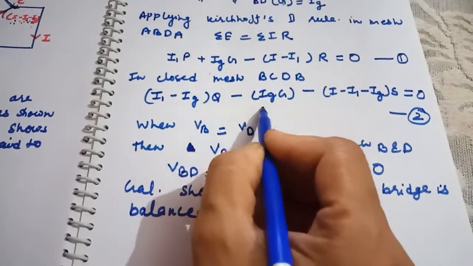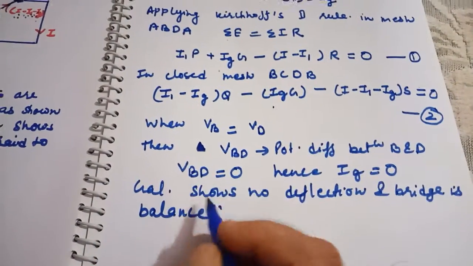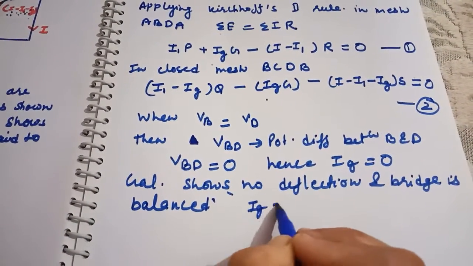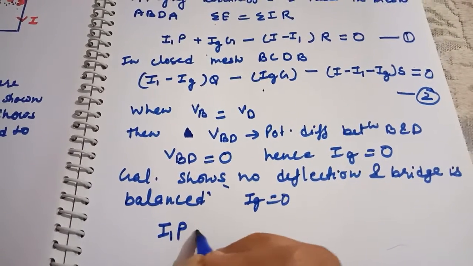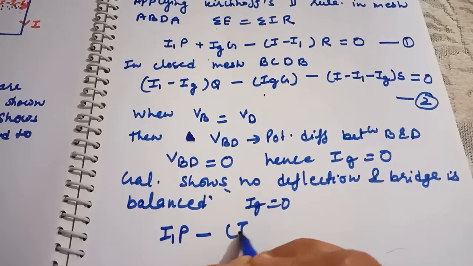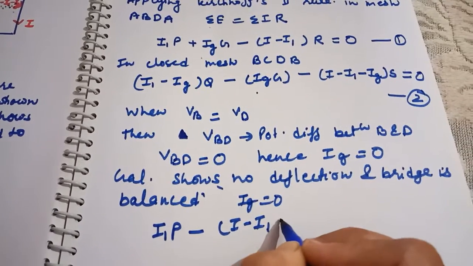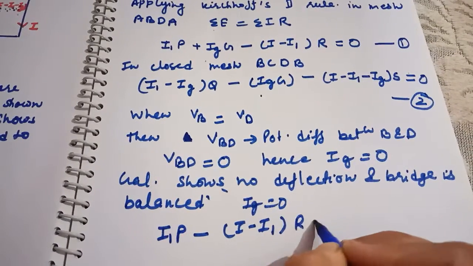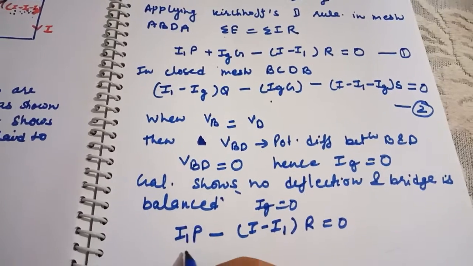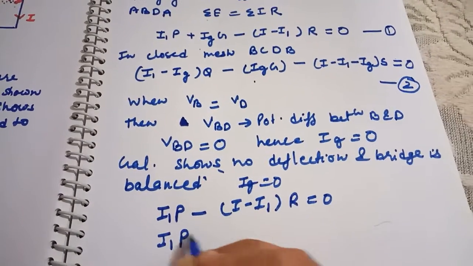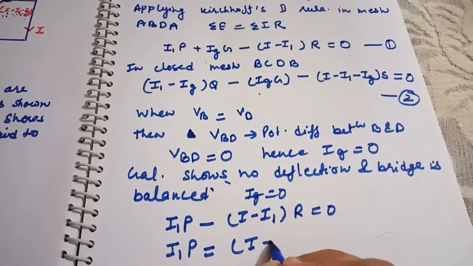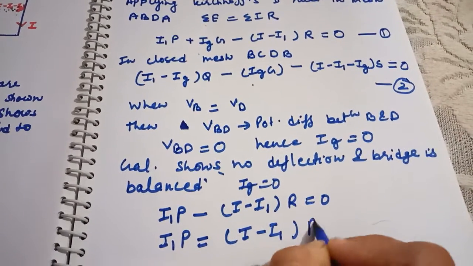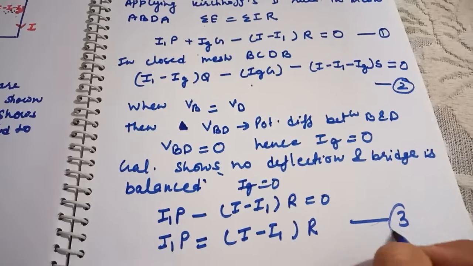So in these two equations you take Ig equal to 0. You will get I1P minus (I minus I1) into R is equal to 0, and now this can be written as I1P is equal to (I minus I1) into R. This is the third equation.